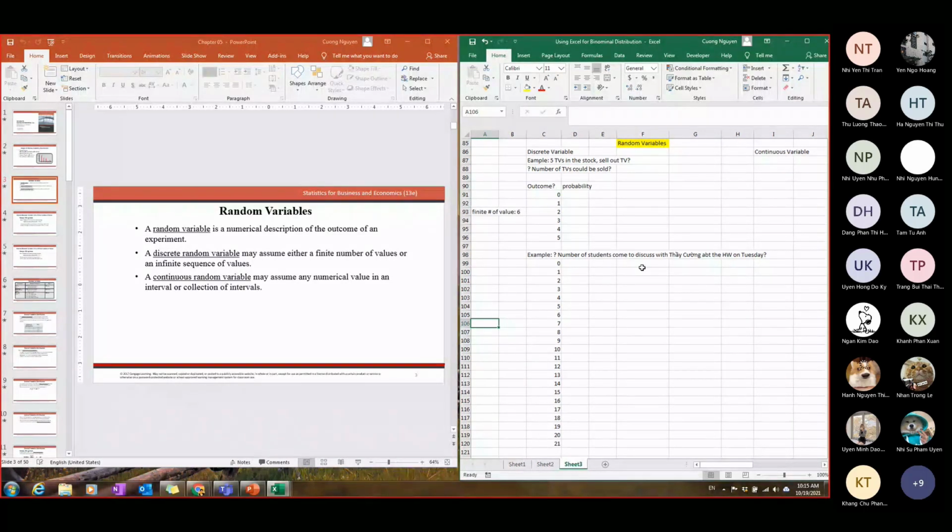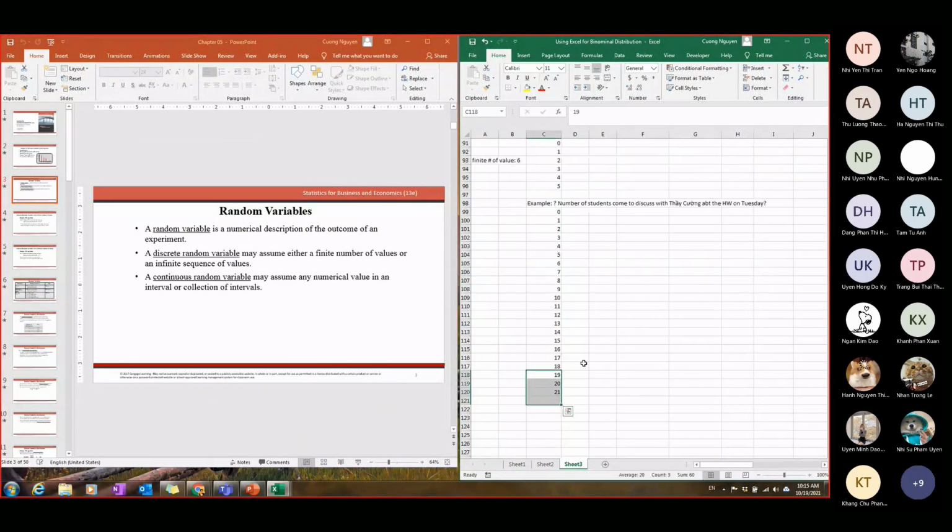However, sometimes there will be a very hot topic, and a lot of students come in, and maybe it's not just 1 or 2, maybe 30 or 40. The same thing happens with the number of customers coming to a store per day.